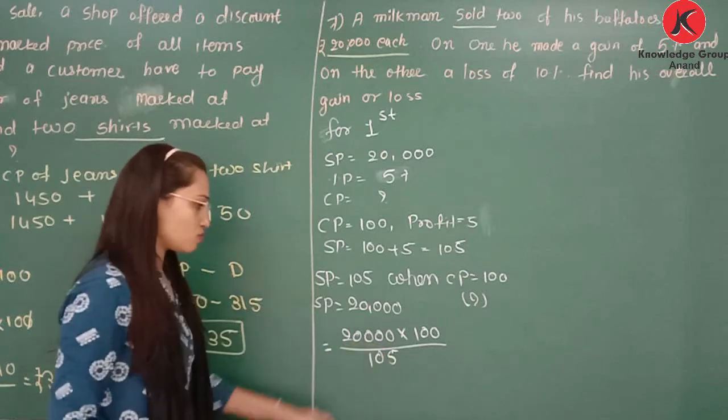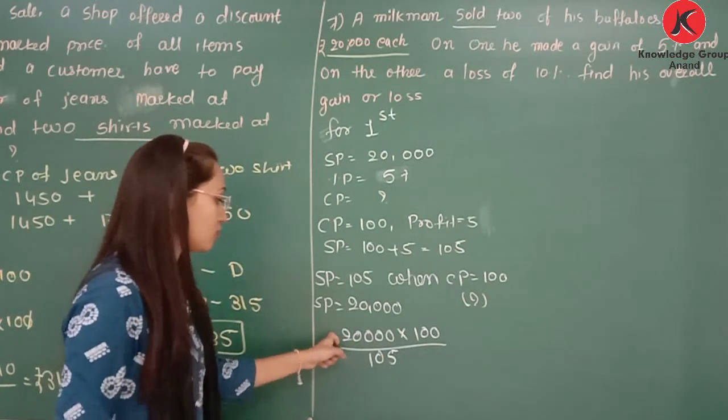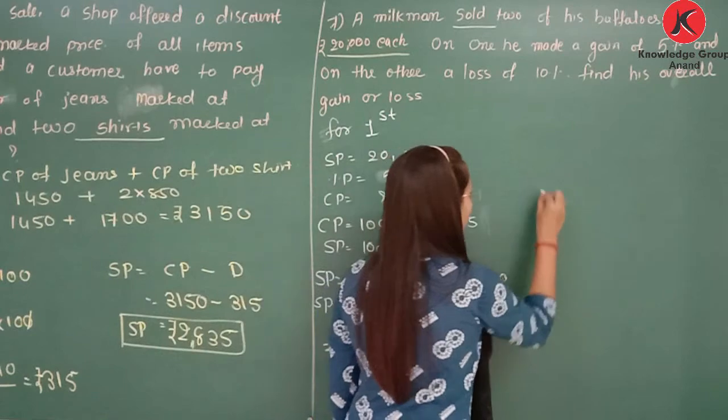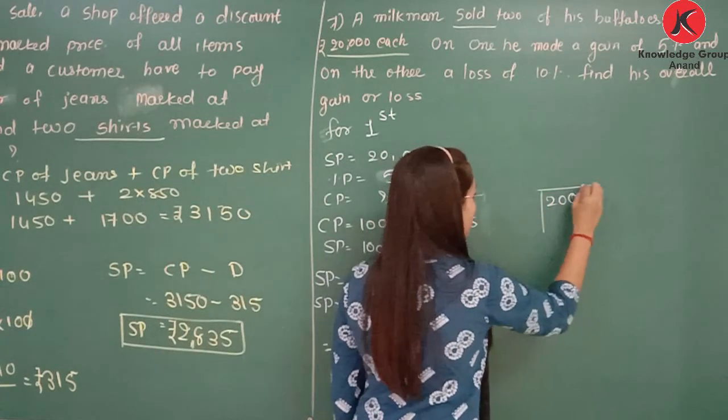So divide 20,000 by 105. We multiply 20,000 with 100.